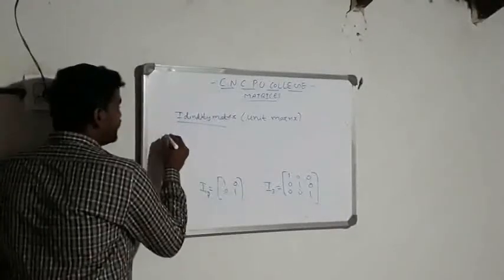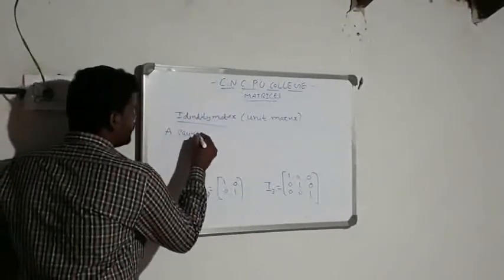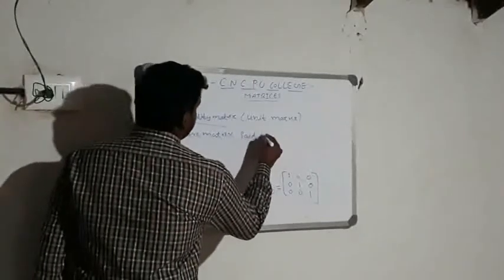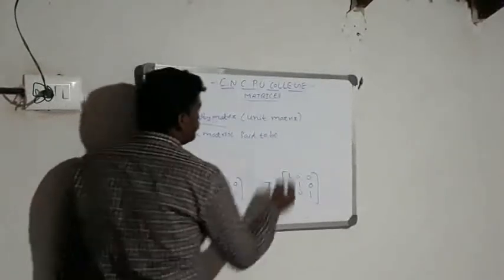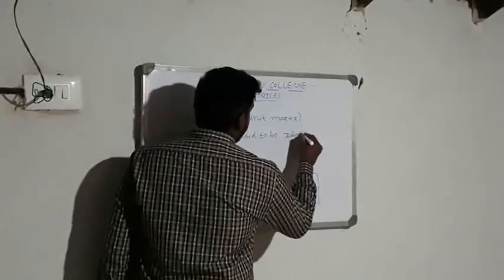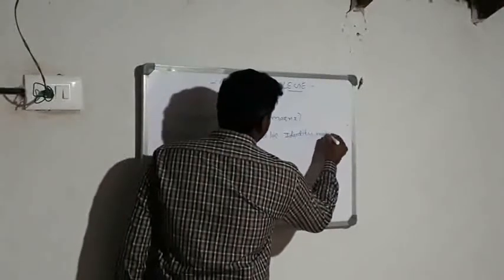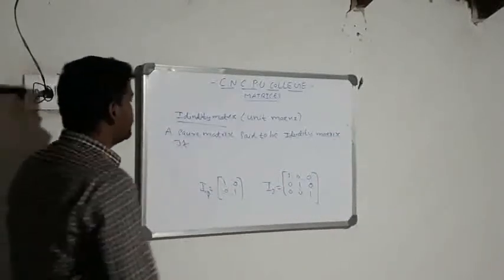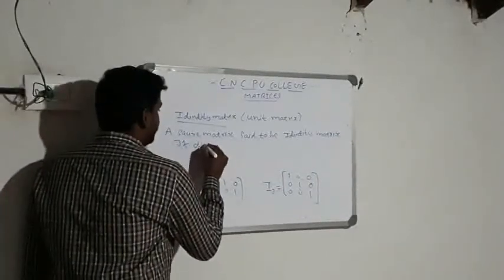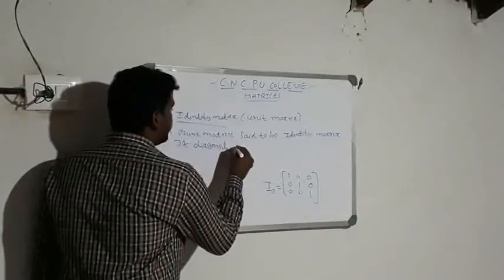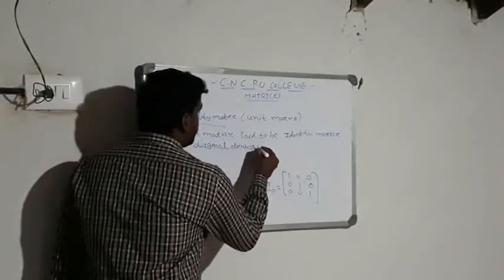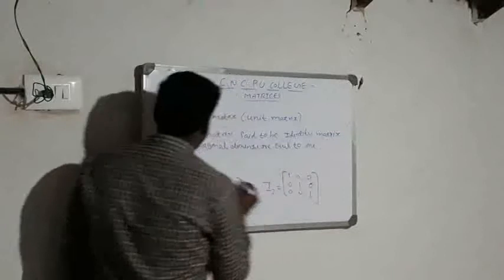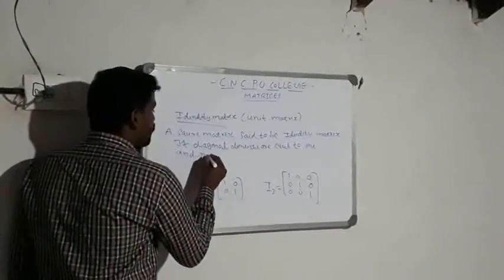An identity matrix means a square matrix is said to be an identity matrix or unit matrix if diagonal elements are equal to 1 and non-diagonal elements are equal to 0.